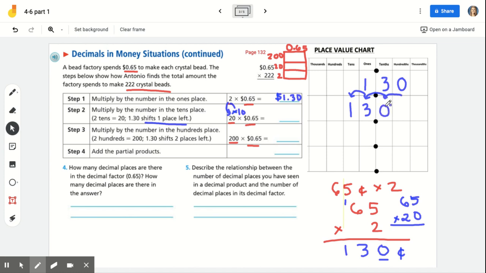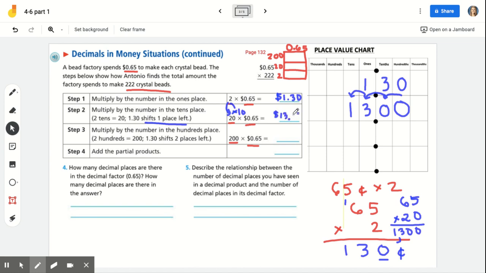And since we're talking about dollar form, we want to make sure that we have digits all the way to the hundredths. So since there's no value there, we can put a 0. $1.30 times 10 is $13. And if we were to solve 65 times 20, we would get the same answer. 130 times 10 is 1,300 cents, and then put into our place value chart is $13. Let's put that into money form into our book.